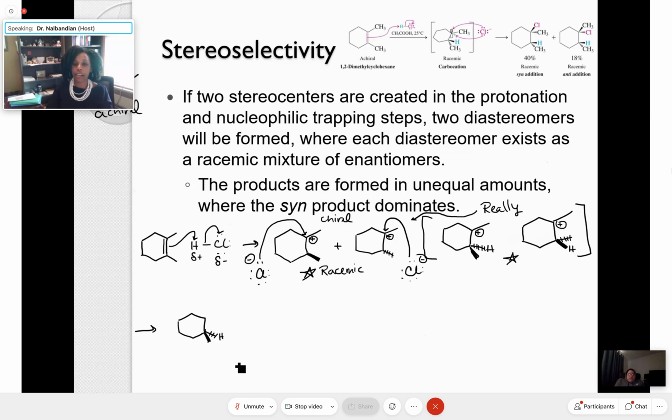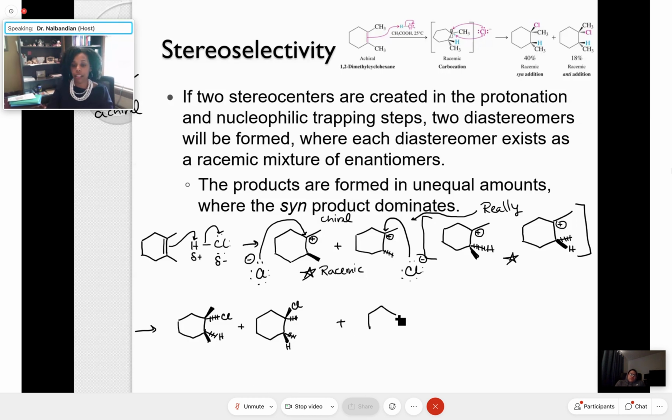So if we had our hydrogen here on a dashed line, what happens at the other carbon is that we can have our chloride also added on a dashed line, which means that the methyl has to be on a wedge. And then we can also get this product where now we have our hydrogen on a wedge and a methyl on the dashed line. And we have our chlorine added on a wedge as well.